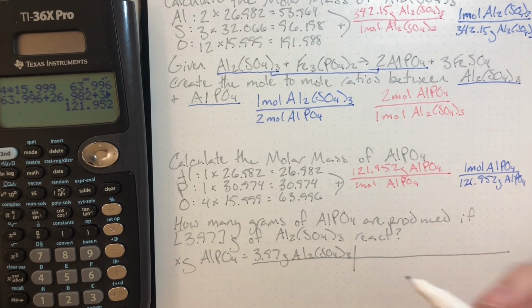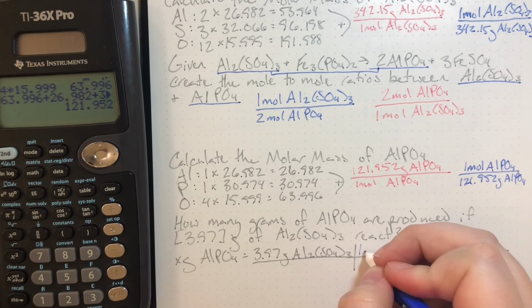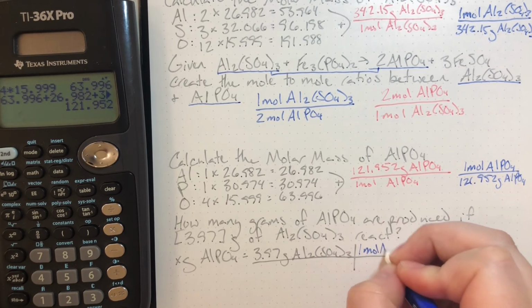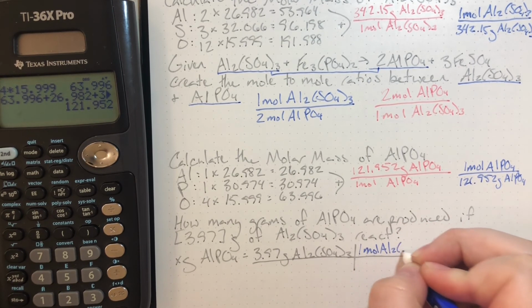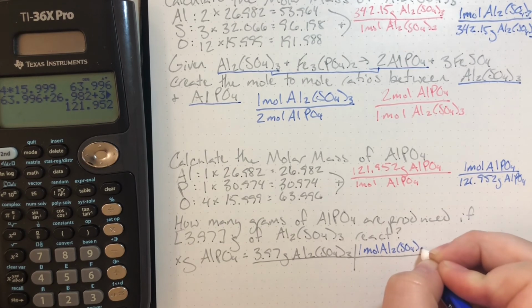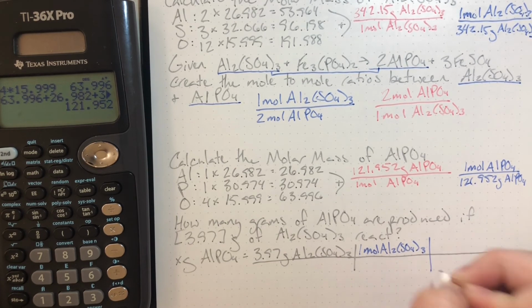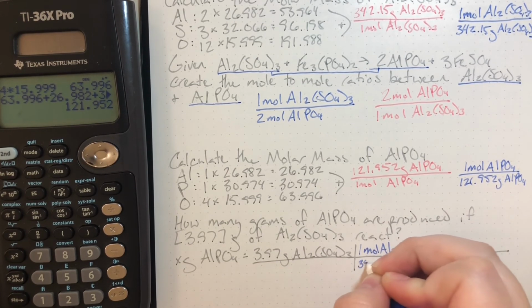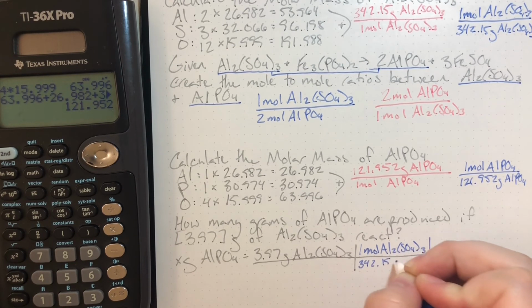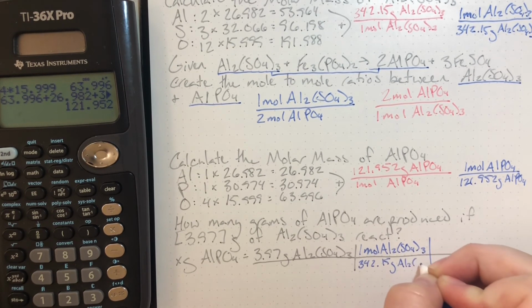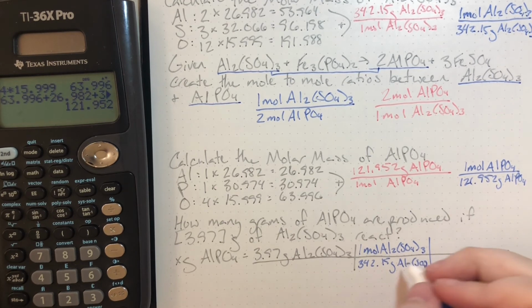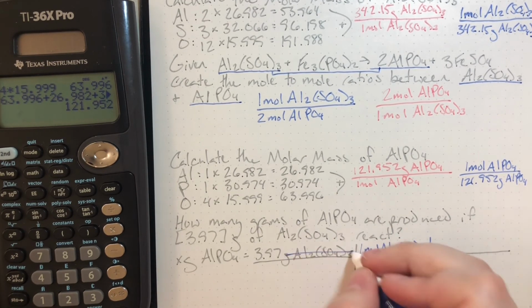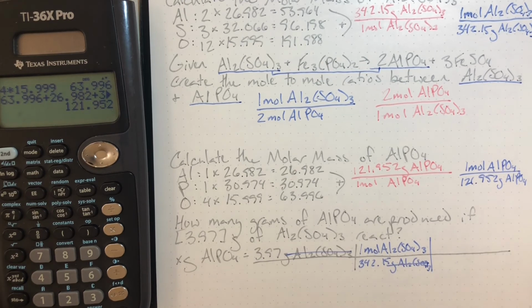That is going to be my blue version here, so I will plug that into my equation. Grams of aluminum sulfate will cancel as they appear in the numerator and in the denominator.